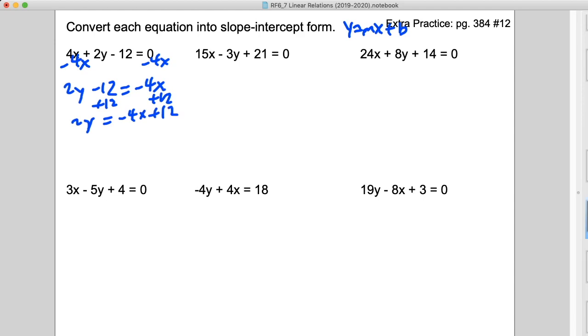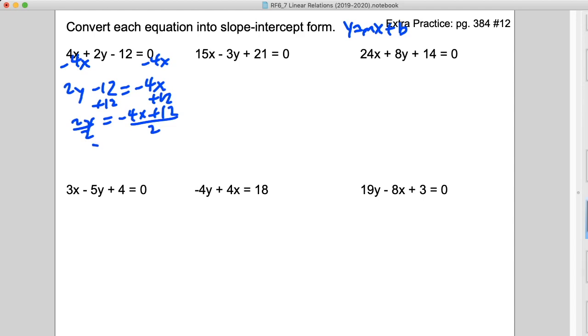And then our last step here, this is the part, again, where students will get a little bit confused. I have a 2 times y there. So in order to get rid of that coefficient of 2, I'm going to divide the entire equation by 2. So that means that I'm going to divide everything on the right-hand side by 2.